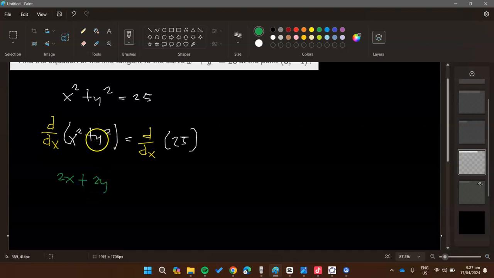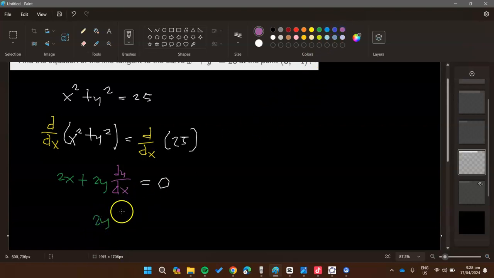But then again, when you are getting the derivative of y, always write dy/dx. So we have 2y dy/dx, and then equals, the derivative of the constant is again 0. So this is now 2y dy/dx is equal to negative 2x.